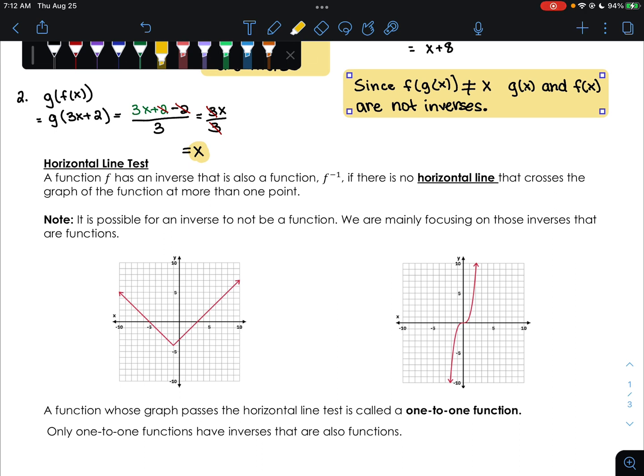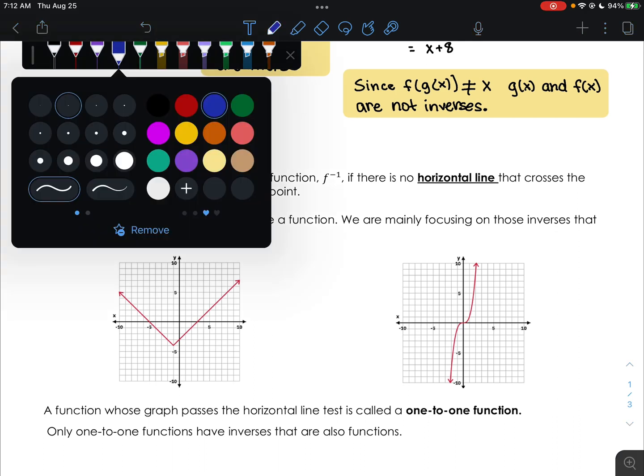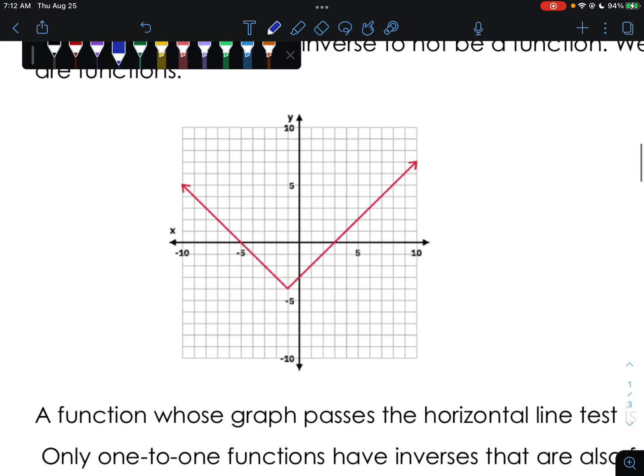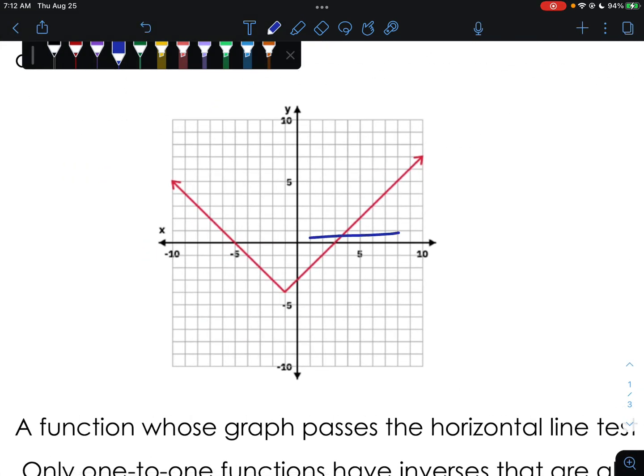So, same concept. If we draw a horizontal line, and it hits more than one point, then our inverse is not a function. So if I look at this first graph here, I draw a horizontal line like this, okay? My line hits two spots on the graph.